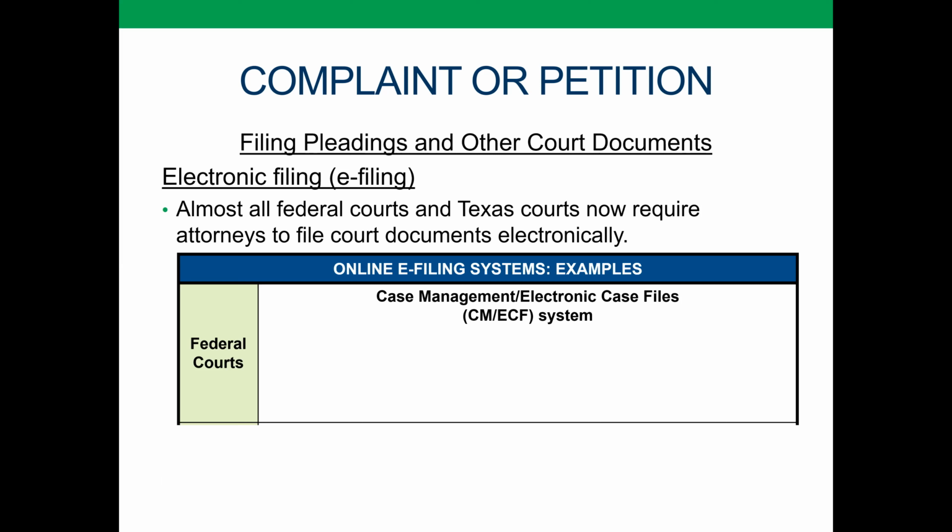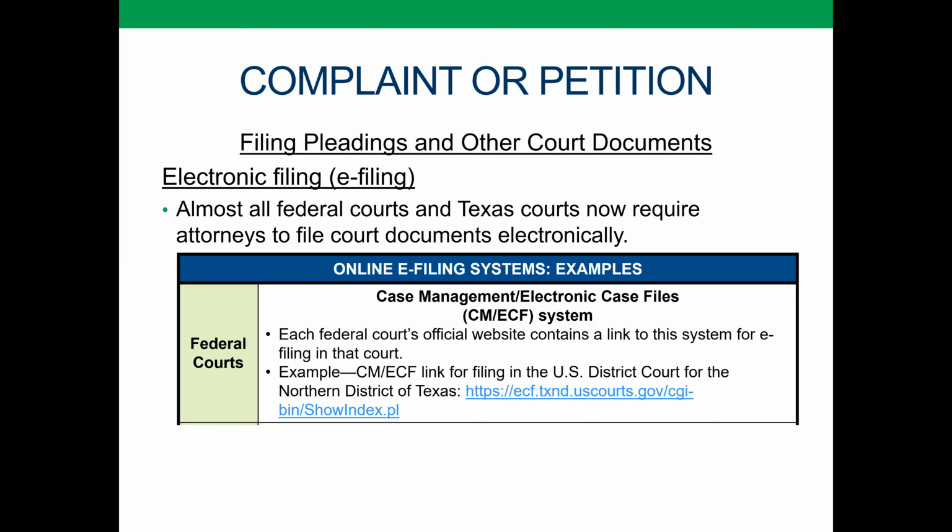If you are filing an original complaint or any document in a federal court, you would have to file it electronically using what's called the CMECF system. It stands for Case Management / Electronic Case Files System. That is the system that all federal courts use for filing, and every U.S. District Court's website will have a link to that filing system for that particular court.